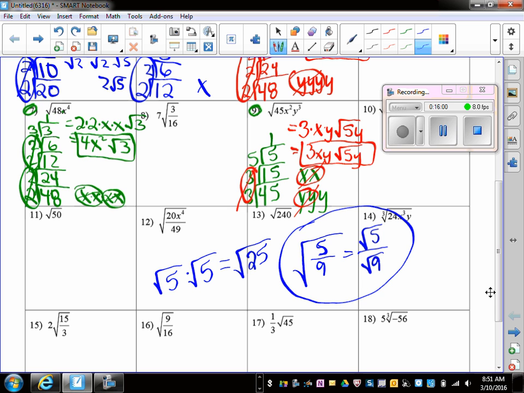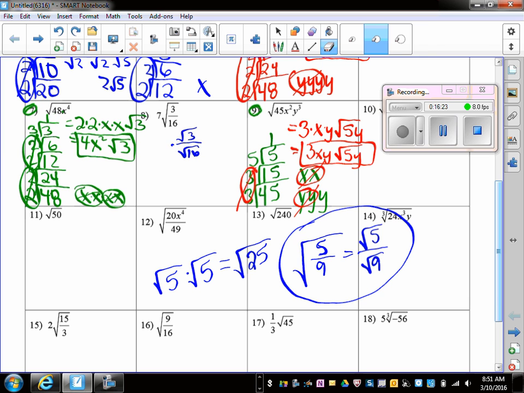All right, so this becomes then 7 times square root of 3 over square root of 16. All I did was take my square root and break it up, 3 and 16. And so we're multiplying here. To multiply fractions, we multiply straight across.